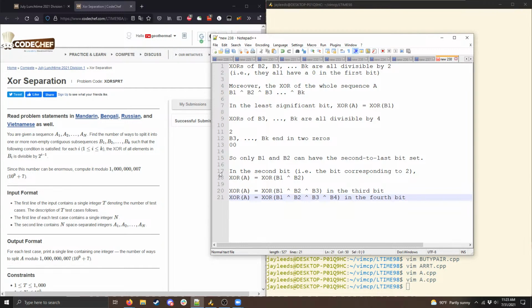So what this tells us is whenever we end sequence I, b sub 1 XOR b sub 2 XOR up to b sub I must match A in the smallest I bits.